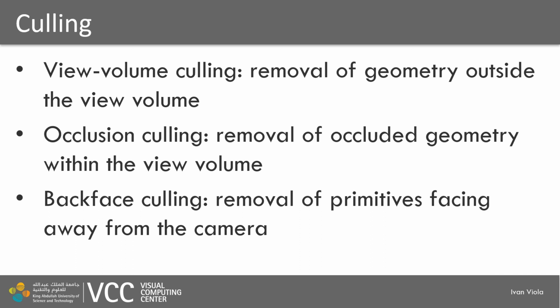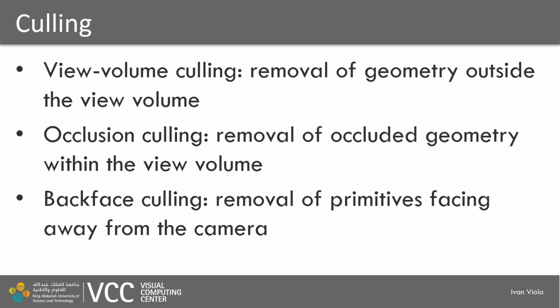Finally, let's have a discussion on a few strategies of culling. We have mentioned that culling is an approach to remove certain primitives from the graphics pipeline in order to gain performance. There are several culling strategies which are interesting to consider. One strategy is so-called view volume culling, where some primitives or objects are located outside the view volume.